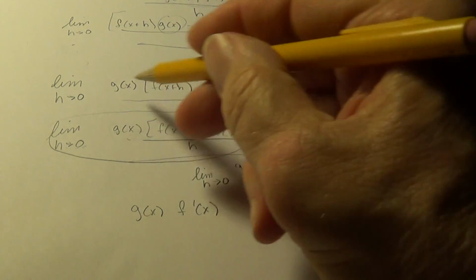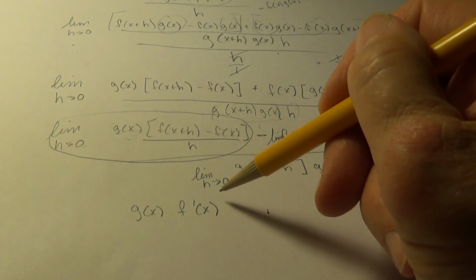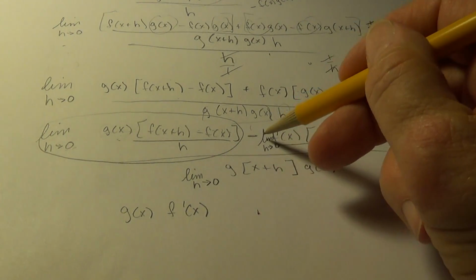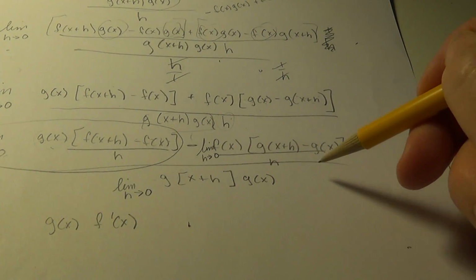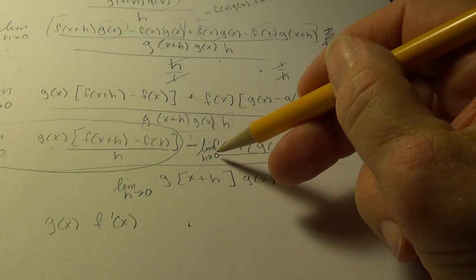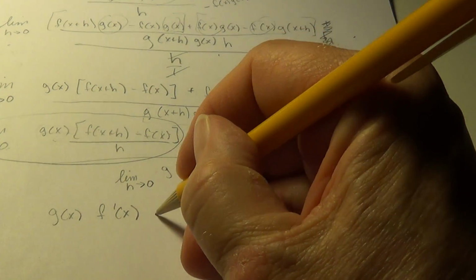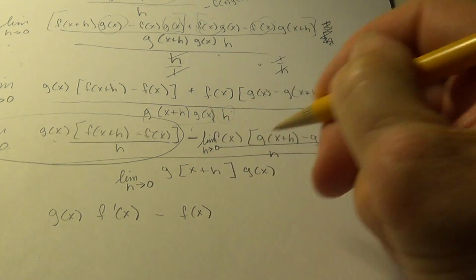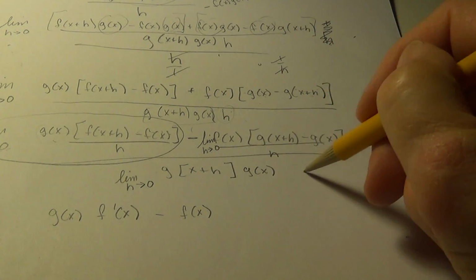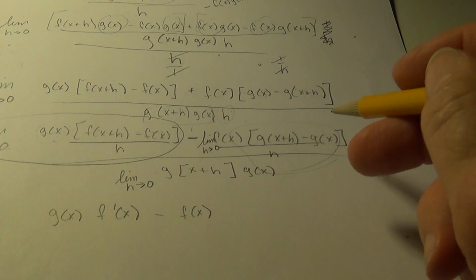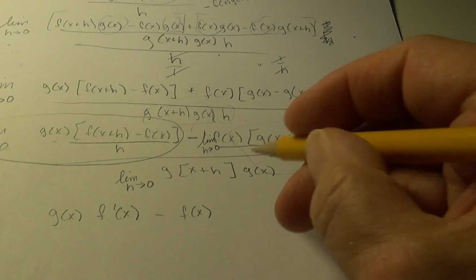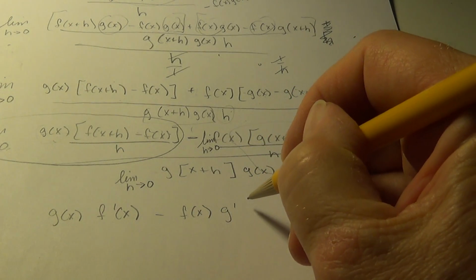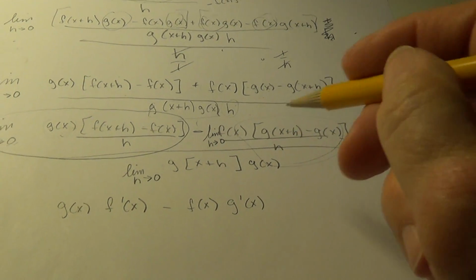So this whole thing in the circle became g of x f prime of x minus something similar over here. The f of x has no h in it, so it can cross the limit sign without being affected by it. And the limit of this, as h approaches 0, is the derivative of g of x.